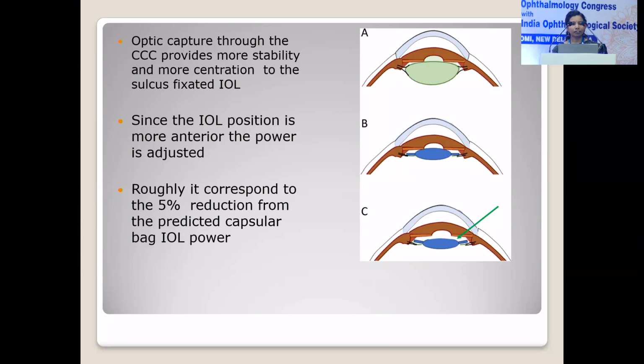It is also better if we can do optic capture, as it provides more stability and centration to the sulcus fixated intraocular lens. As we already know, these lenses sit slightly anterior, so the power should be adjusted, and it nearly corresponds to a 5% reduction from the predicted capsular bag IOL power.